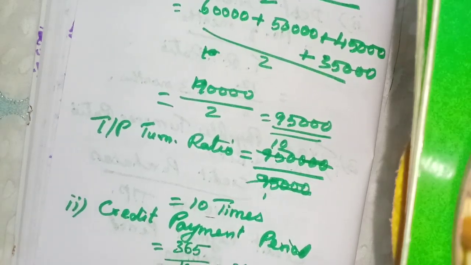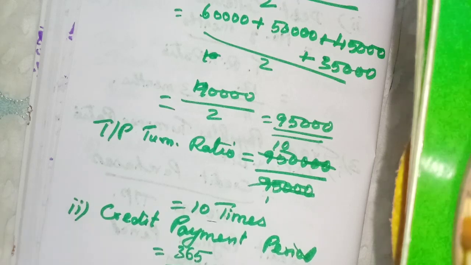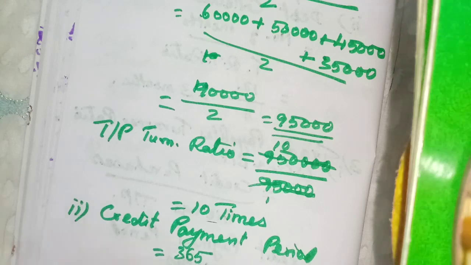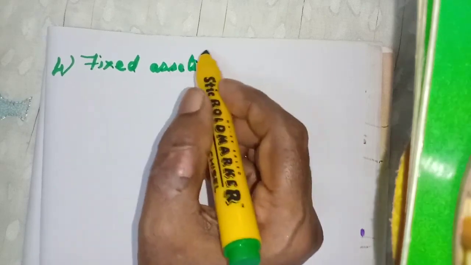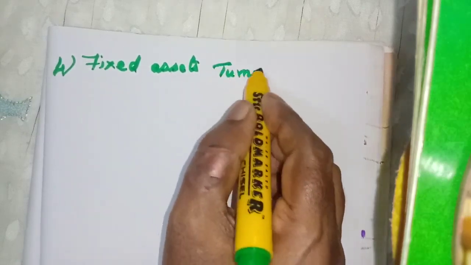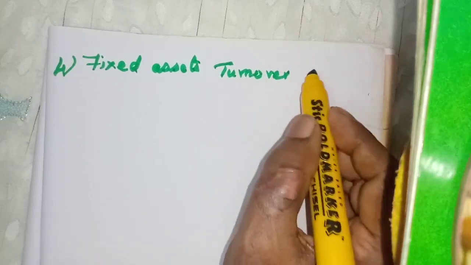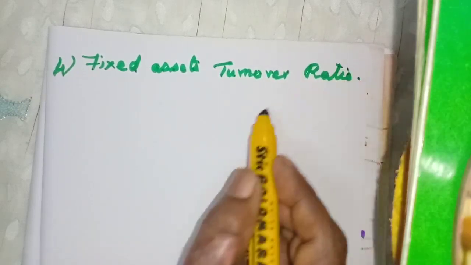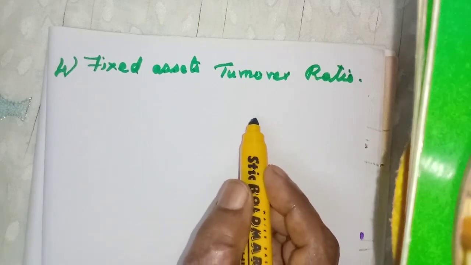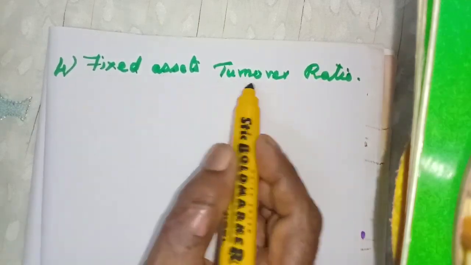Okay, you have understood. Now we will learn the next ratio. Four ratios only are available. So, fixed assets turnover ratio. Here we are going to compare the fixed assets with the turnover.